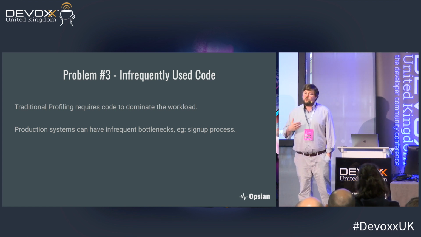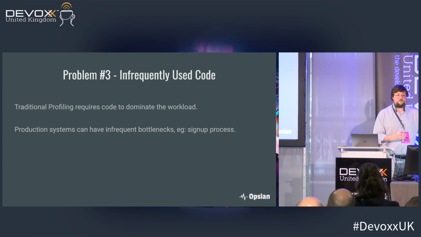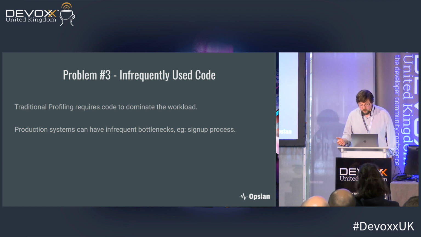But if you look at what a lot of systems do, rarely is the sign-up process, or for example, login pages, the main driver of traffic in a system. Often it's things like seeing product pages or catalog type information, for example. So how can you understand that with a profiler? Profilers are often very good at telling you what's using the system, what's busy at that point in time.